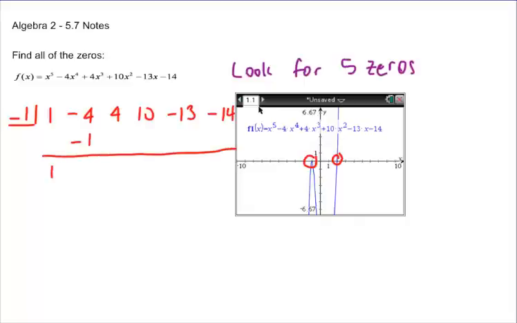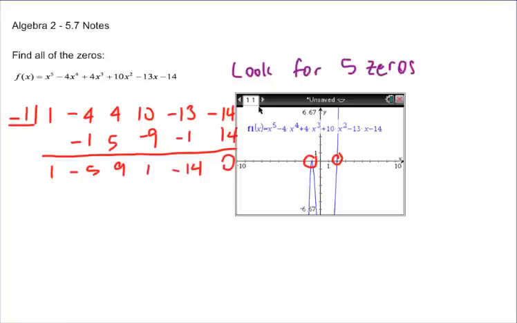So -1. Whoa, that's a gross looking 5. -1. Looky here, it's going to work out. We get 0.